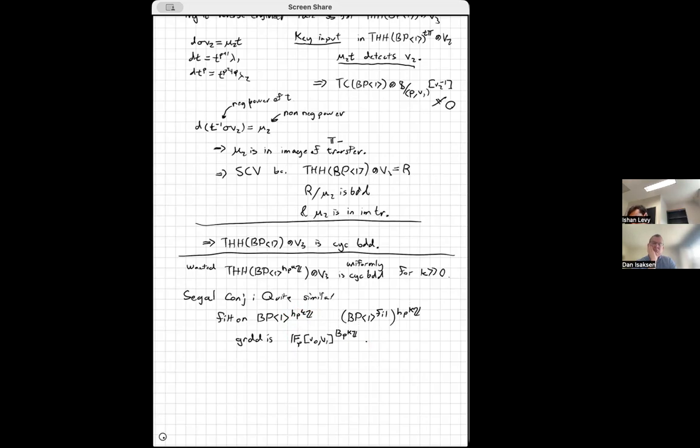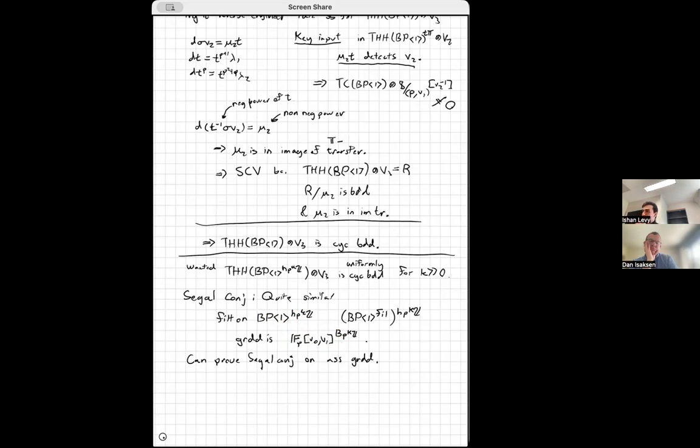And so you can prove the Siegel conjecture on associated graded, and then use the same trick. Namely, you can reduce the Siegel conjecture for this to the Siegel conjecture for this ring, which is much more manageable.